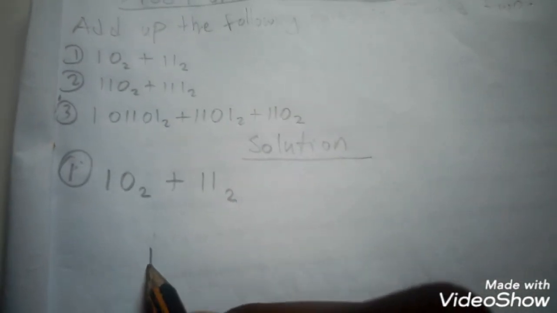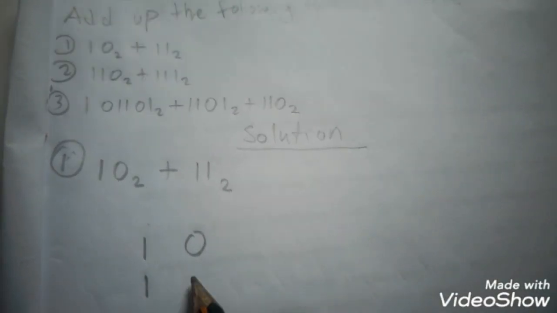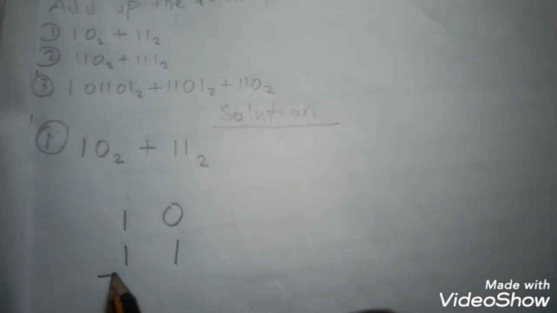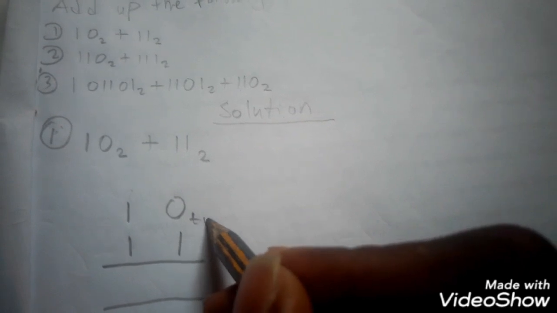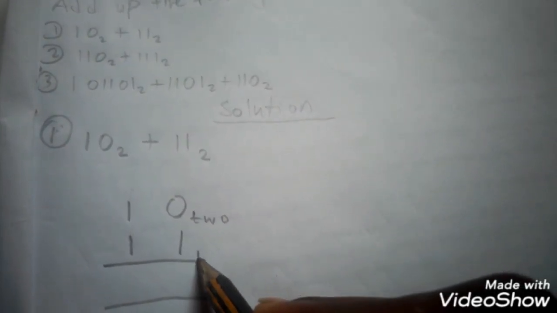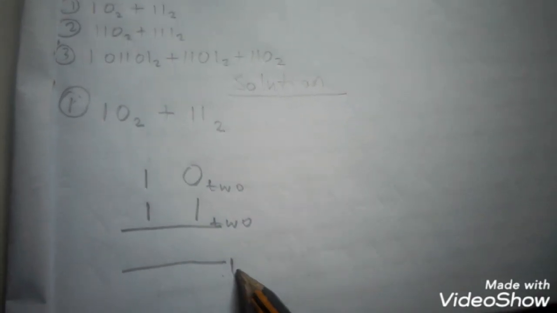I have 1 0, then I have 1 1. Draw a line. This is a base 2 number, this is a base 2 number, and my answer as well is to be in base 2. So don't forget to add your addition sign.